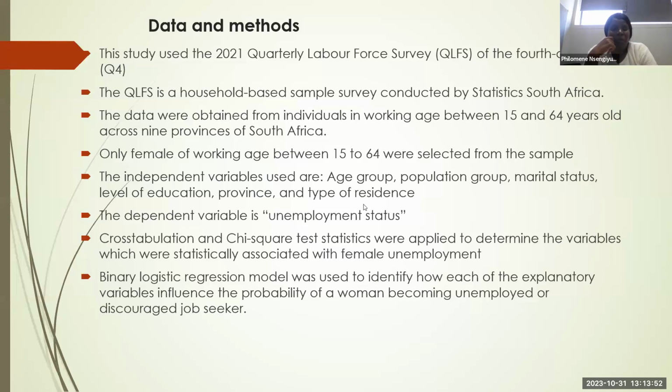To identify those factors, I used a binary logistic regression model to see how each of the explanatory variables influences the probability of a woman becoming unemployed or a discouraged job seeker.